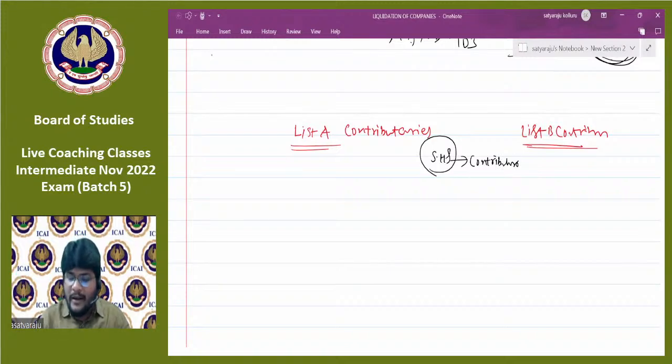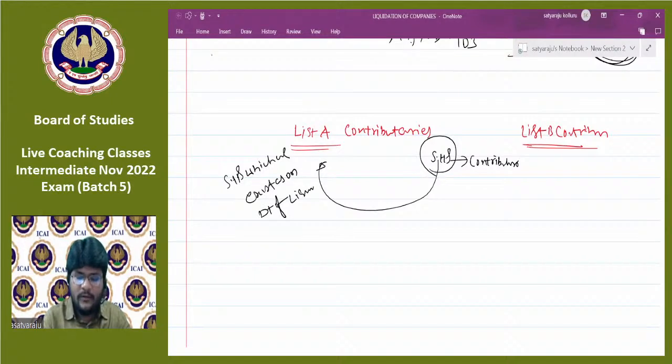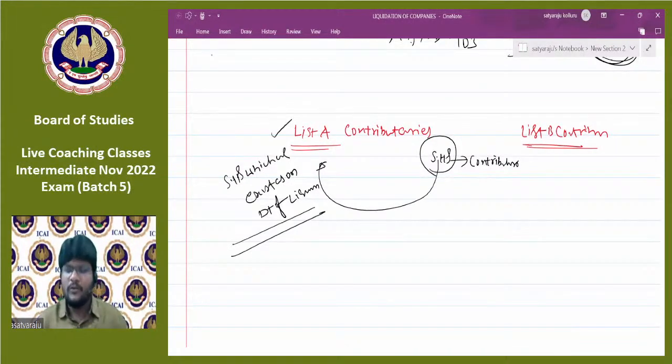Now, list A contributories means shareholders who exist as on the date of liquidation are known as list A contributories.